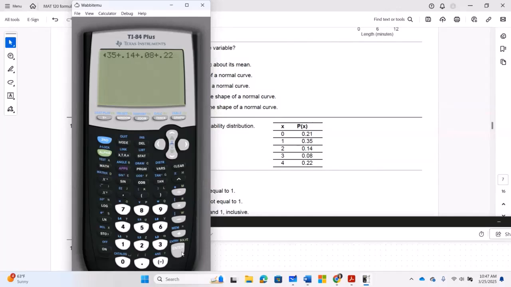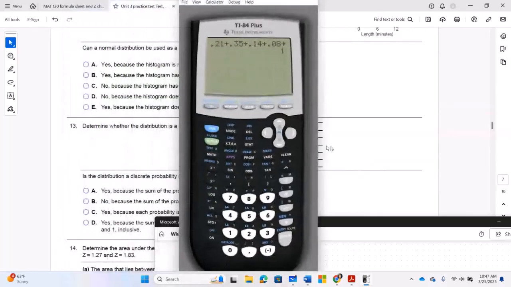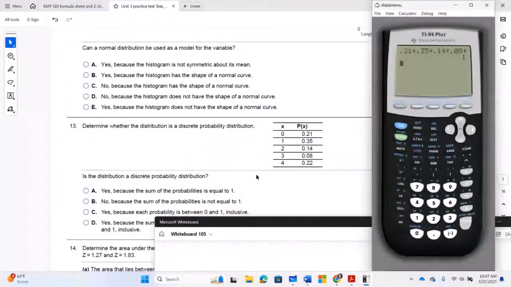I want to see what happened. Yes, the sum of all the probabilities is equal to 1. Therefore, it actually obeys the probability rule. Since the sum of all the probabilities is equal to 1, yes, this is a probability distribution. I cannot see any negative probability. Therefore, it's a probability distribution.